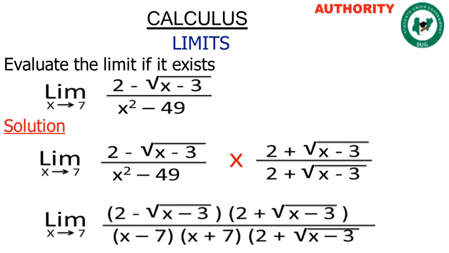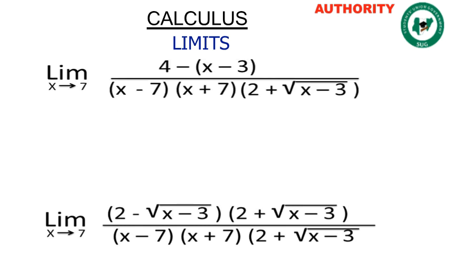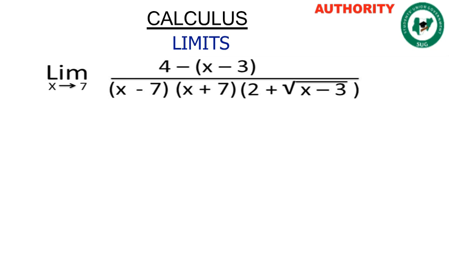We have the limit as x approaches 7 of 4 minus (x minus 3). This x minus 3 is in brackets, so we are going to open the bracket.